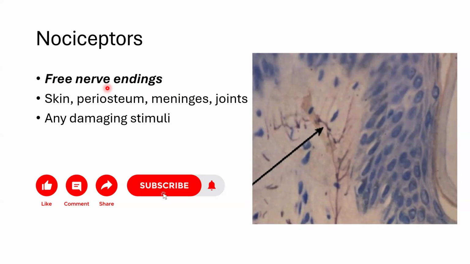They're found in all the body parts, but in higher numbers in the skin, periosteum, meninges, and the joints. And they can detect any damaging stimuli. So high temperatures, high pressures, a lot of vibration, and cold temperatures are perceived by free nerve endings.